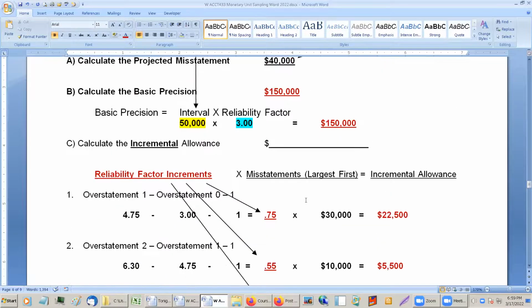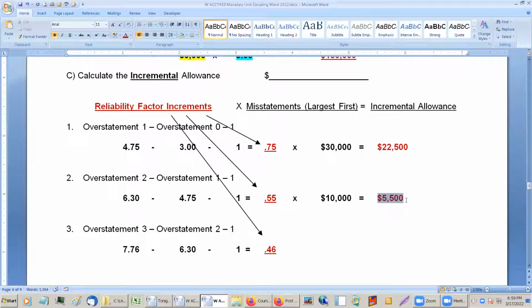There is no third one, so we can just stop here and add these up. So there'll be incremental allowance for each one of these.